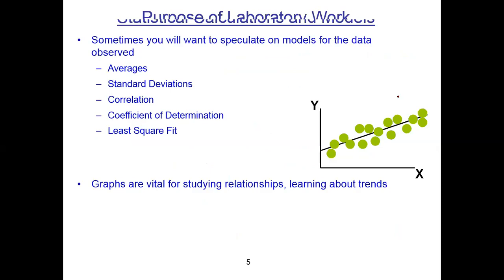Okay, we use some statistical calculations for experiments like averages, standard deviation, correlation, coefficient of determination, least squares. For example, performing every experiment, we need to take the average value.